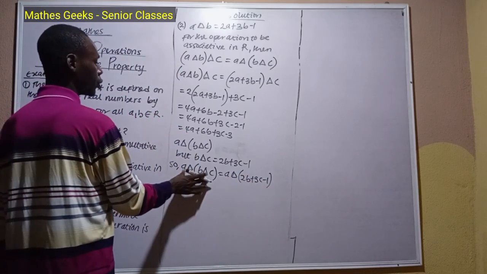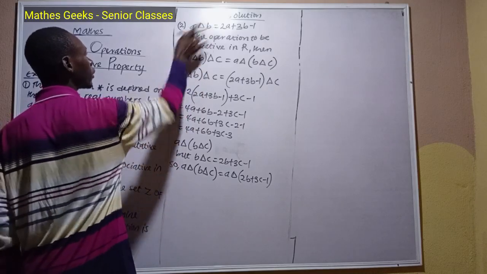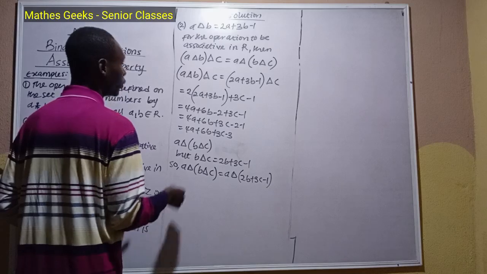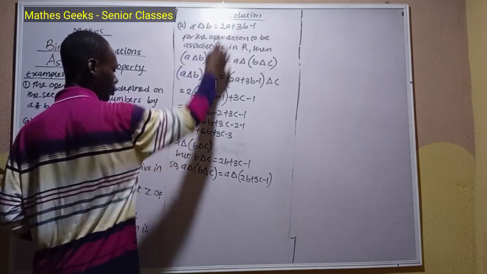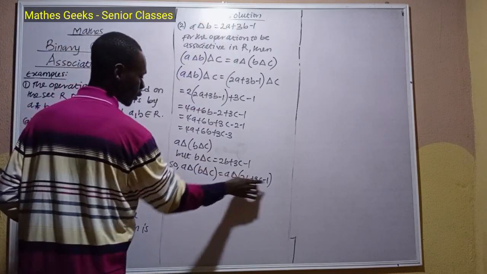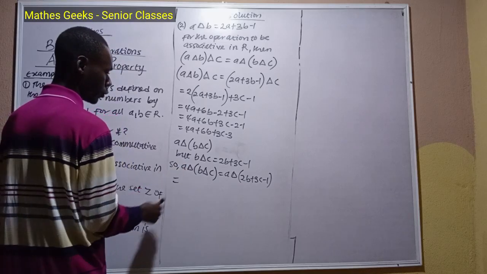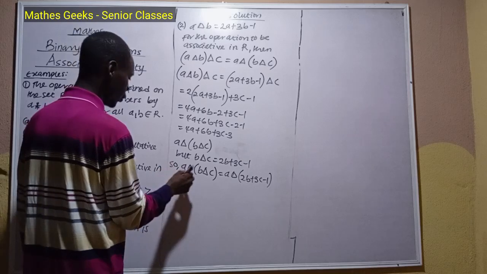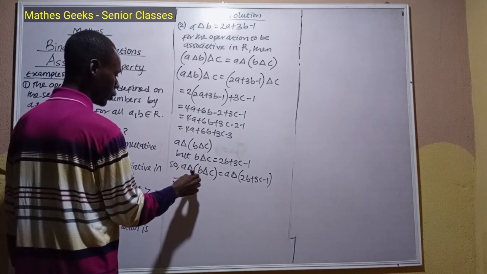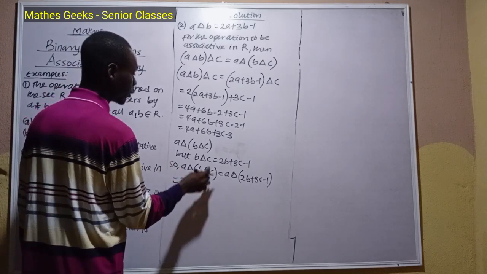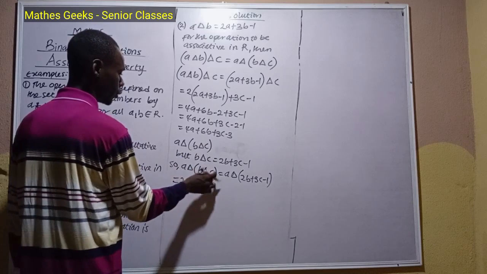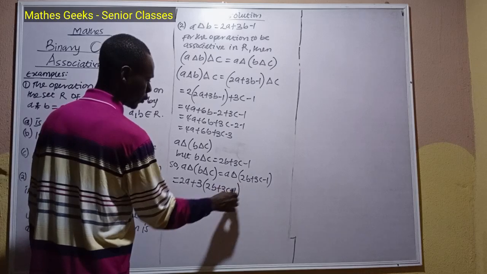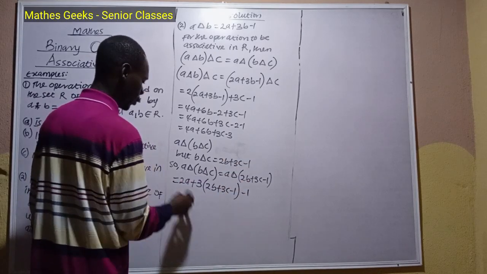If you compare this to the formula here, A is A and B is B operation C. So when we have B in this expression, just put this part here. So this will equal 2A plus 3 times our B, which is B operation C, 2B plus 3C minus 1, again minus 1.